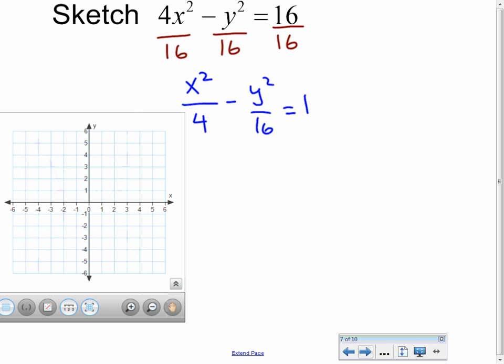And I've done that. I've simplified fractions. And right now, you have a pretty close idea of what's going on. I'm going to find that in the x direction from center, I'm going to go 2 spots in either direction, 2 spots because that's 2 squared. And in the y direction, I'm going to move up and down 4 spots.